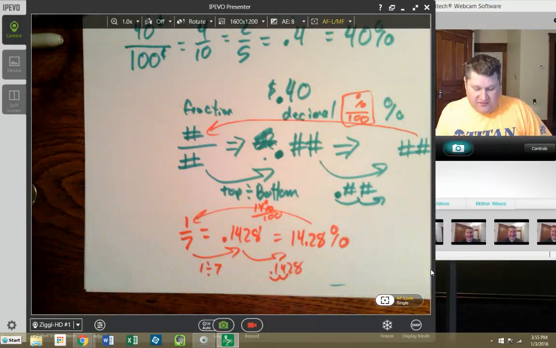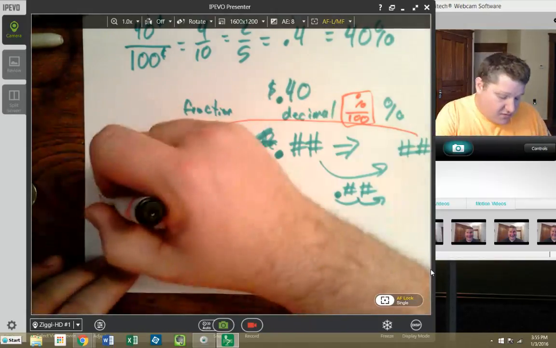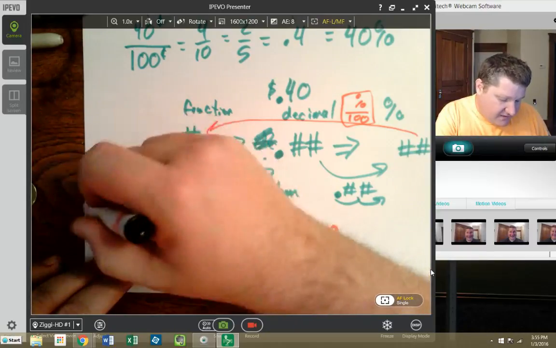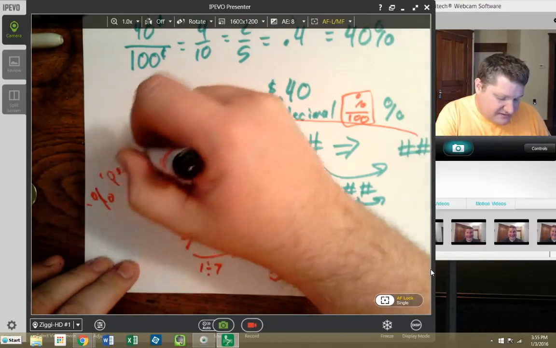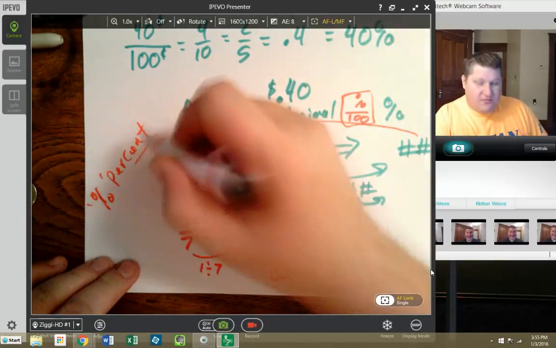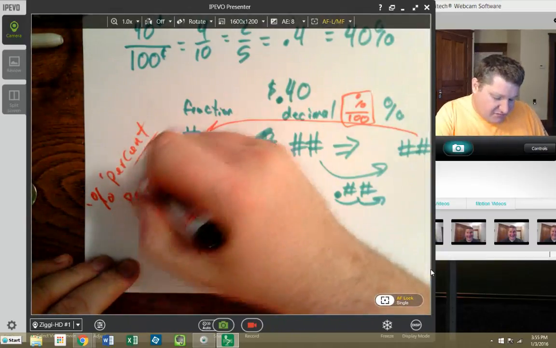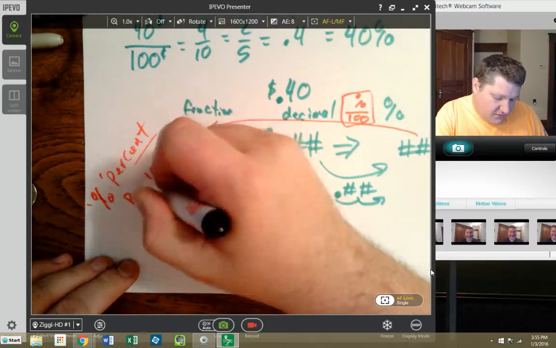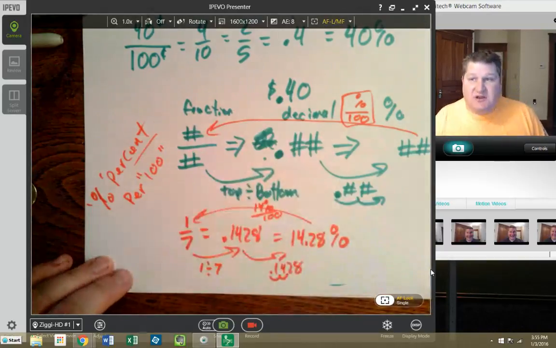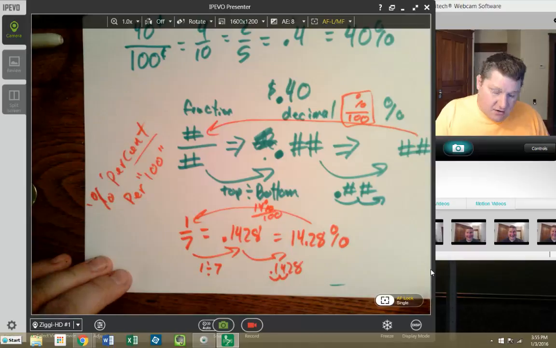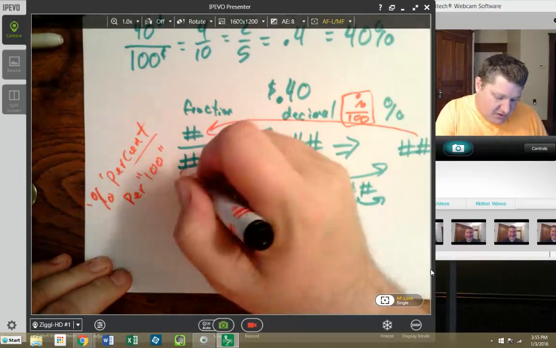Now, the other thing to remember here is that this is read percent. Well, there are 100 cents in a dollar, so it really means per 100. Just like a century is 100 years, percent means per 100.